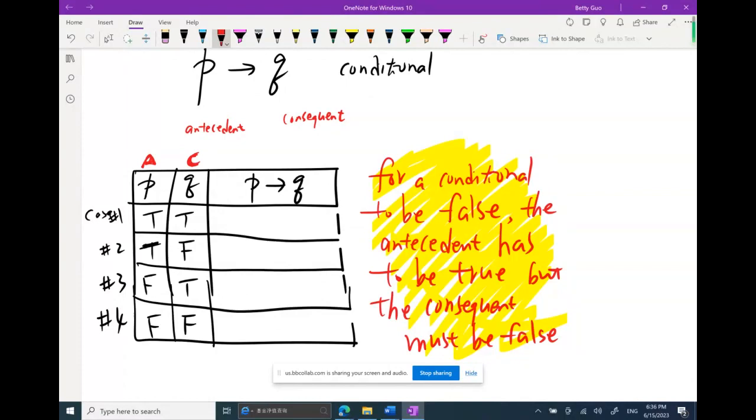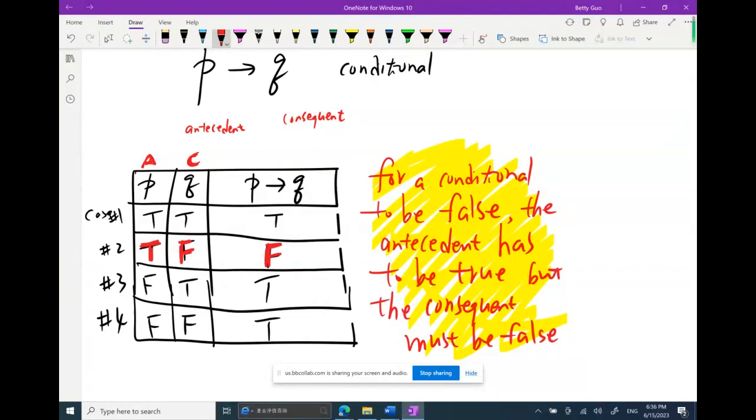For this conditional to be false, we need the antecedent to be true but the consequent to be false. So that is case number 2, right? In all other cases, the conditional is true. Case number 2 is the only case where a conditional is false.